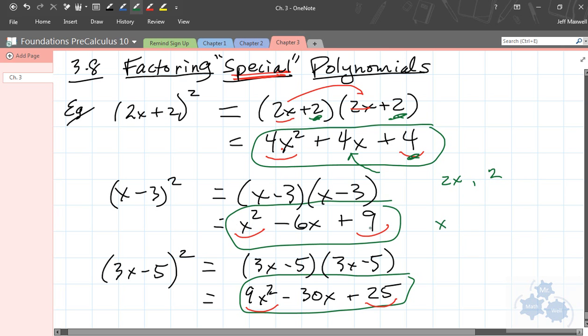The square root of 9 is either positive 3 or minus 3. It's 3, right? So you see these pairs here? What's the square root of this? This is 3x. What's the square root of this one? 5. Okay? So do you see how these are related?